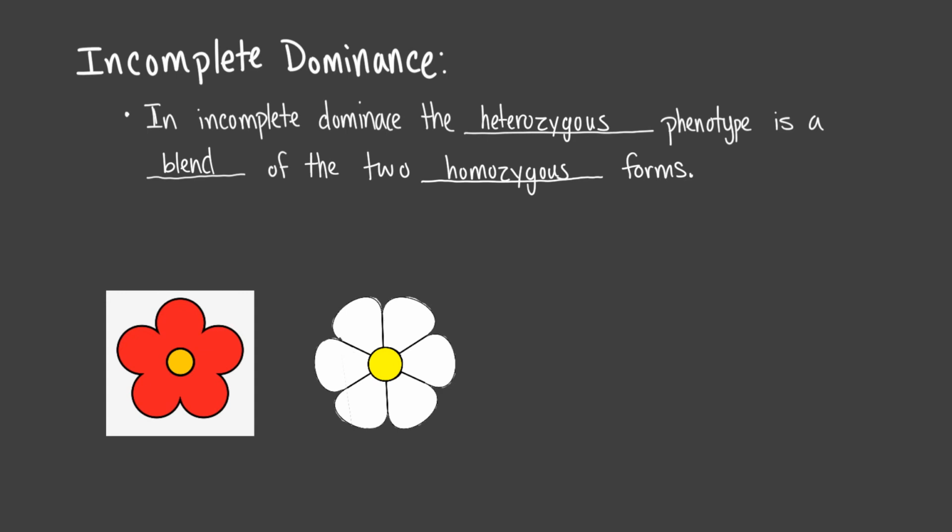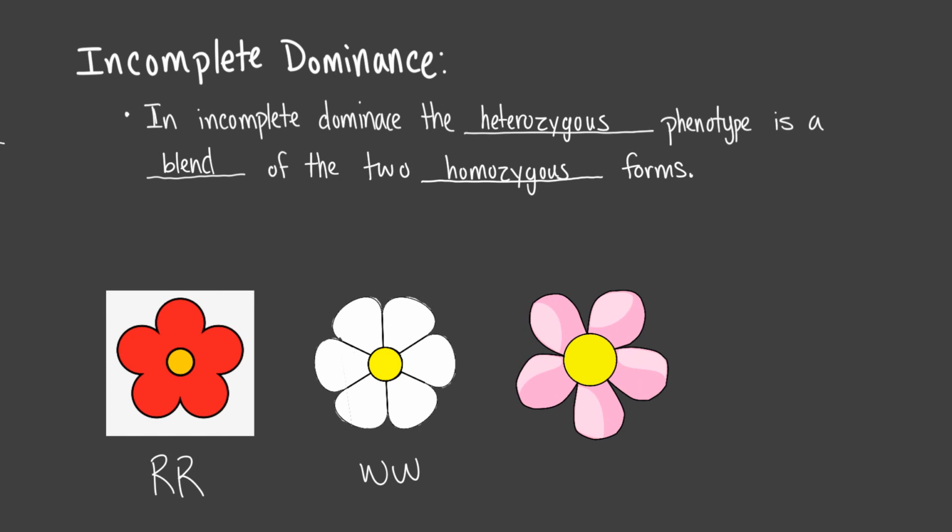And homozygous means both alleles are the same. What we're seeing here is a red flower that would be homozygous, so it would be big R, big R. And then we have a white flower that is also homozygous, WW, and the resulting offspring from that would be a pink flower.